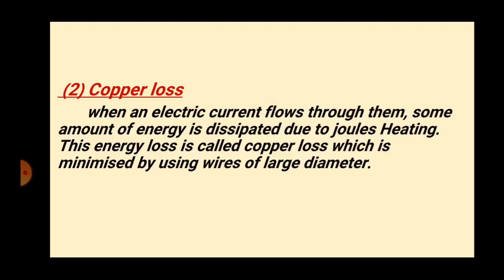Listen, students, when a current flows through a resistance, some of the current is used for work done and the remaining is formed as heat. So this is an energy loss.